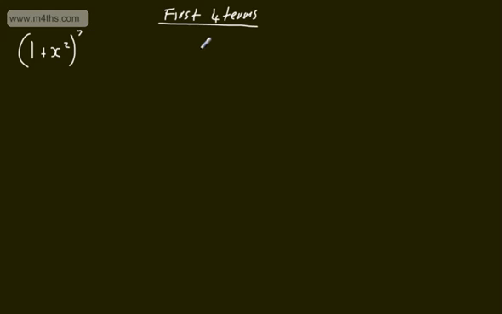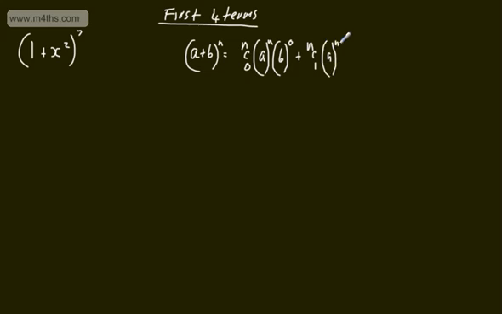Let's just recap now using the nCr method. If we have (a plus b) to the power of n, we end up now with nC0, we're going to have a to the power of n, b to the power of 0. Now you don't have to write b to the power of 0, as that's just 1, plus then we'll have nC1, we will have a to the power of n minus 1, and we'll have b to the power of 1.